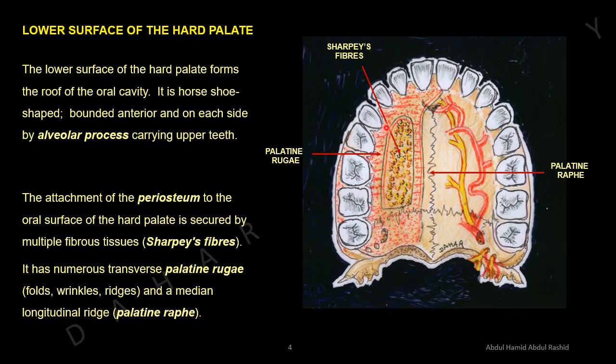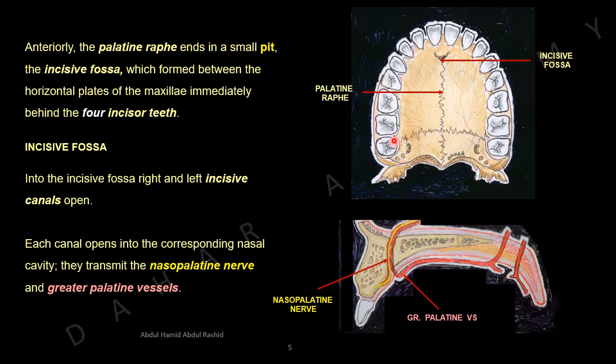The lower surface has many transverse palatine rugae, which are folds or wrinkles, and a median longitudinal ridge, which is called the palatine raphe. Look here, this is the roof of the oral cavity.